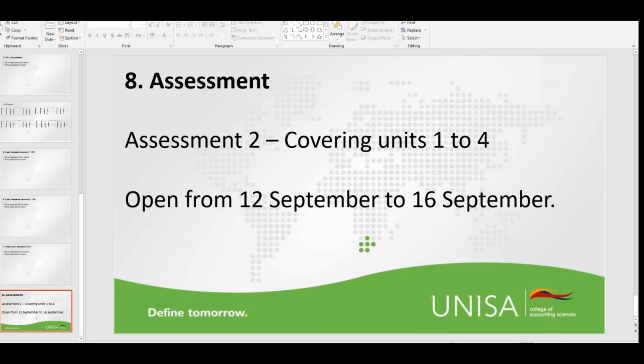We also covered the trial balance, the statement of profit and loss and other comprehensive income, and the statement of financial position. Even though we covered those three, we are still going to repeat them later on in the modules. So more or less, that's what we're going to do.